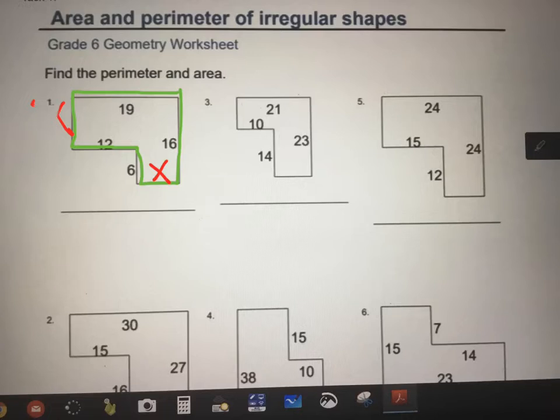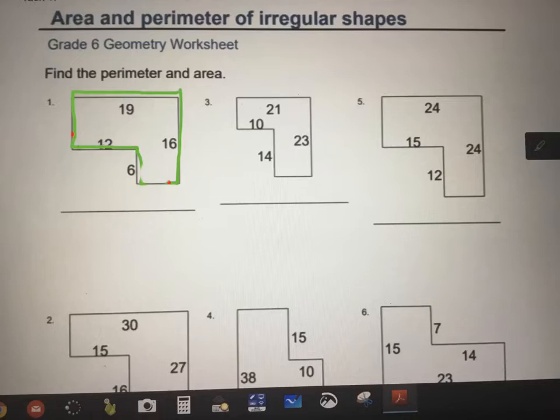You want to look at the entire picture. This side right here and this side right here are the entire length of this side. So we see that this side is the same length as this side plus this side.